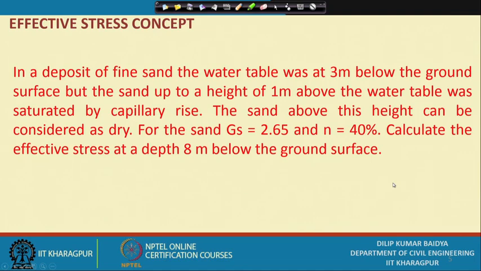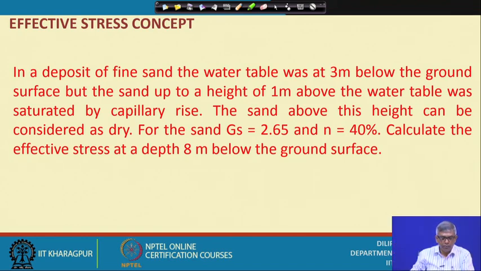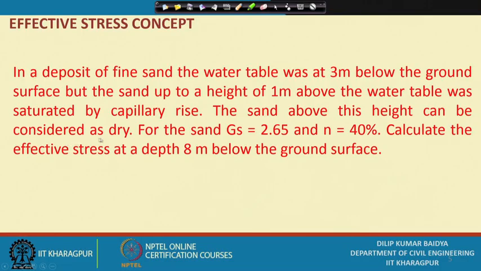So, this is in a deposit of sand, the water table was at 3 meter below the ground surface, but the sand up to a height of 1 meter above the water table was saturated by capillary rise. As I have mentioned, because of the capillary rise, soil gets saturated, the sand above this height can be considered as dry.